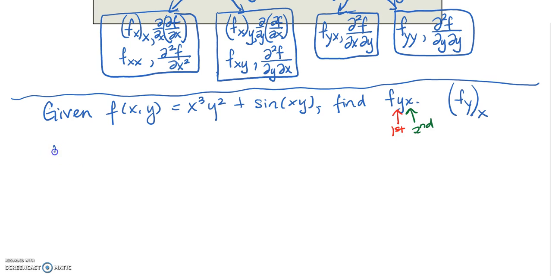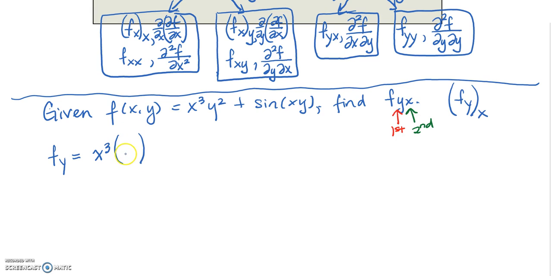So the partial of f with respect to y, in my first term, my variable of interest is y, so I treat the x cubed as though it were a constant, and I focus on the y variable.